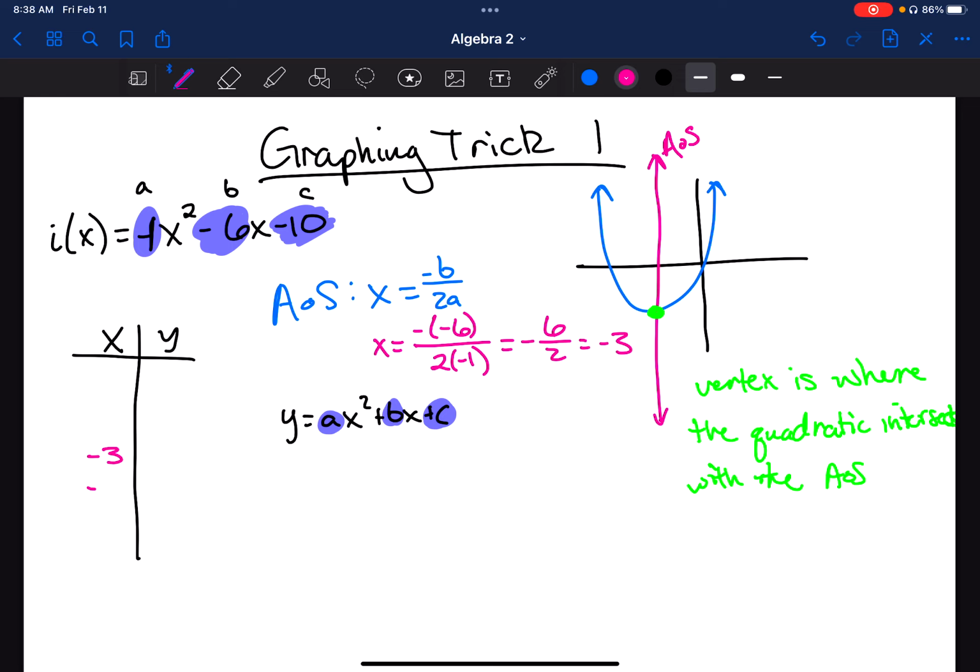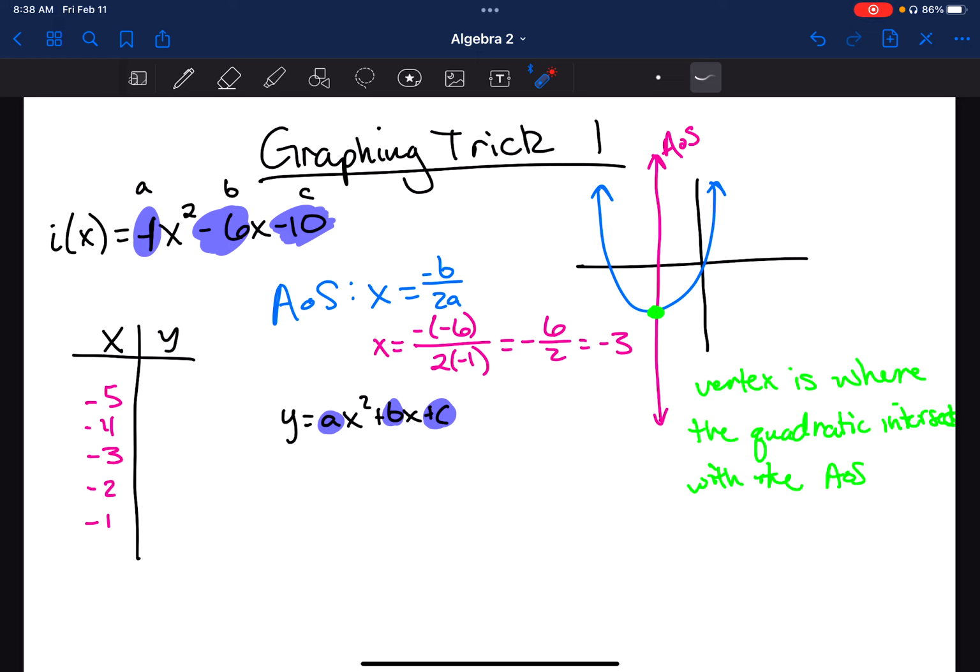You can just go here, -2, -1, -4, -5. My only advice is make sure that whatever your distance is from this number to this number is the same as this distance here. Because then you only have to plug in really 3 values instead of 5. You're already doing better than I said you were going to.